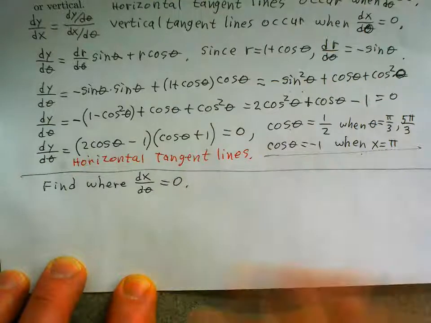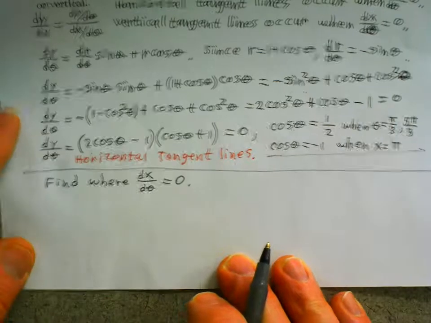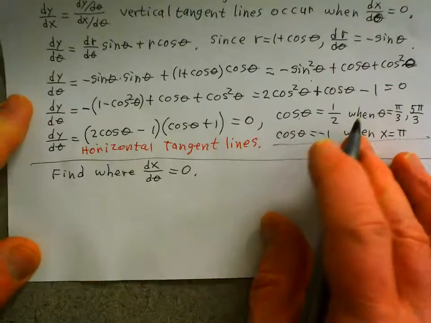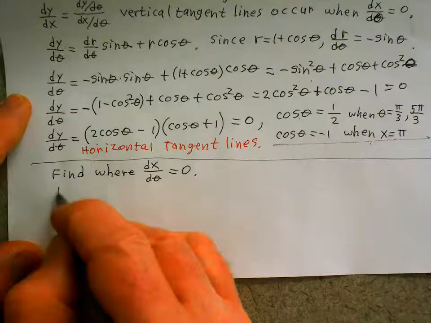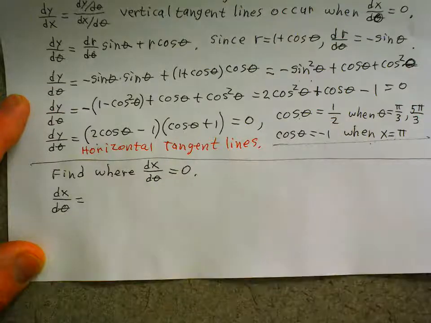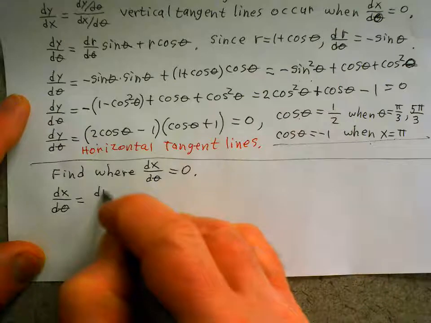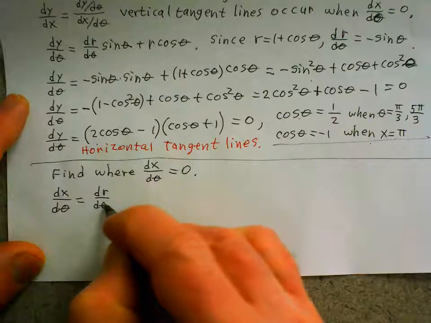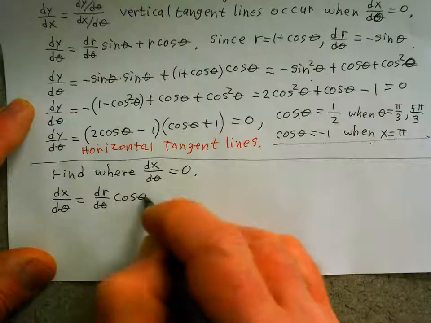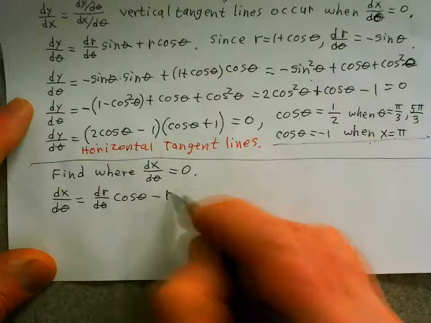So let's at least set it up a little bit. According to the formula above, dx d theta is dr d theta times cosine of theta minus r times sine of theta.